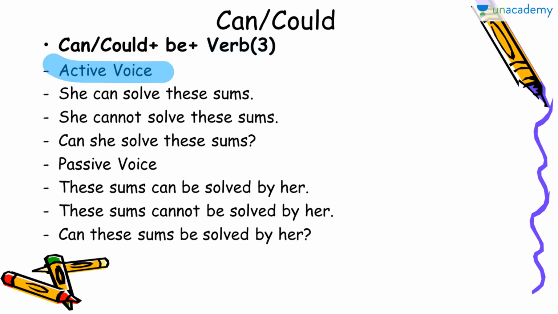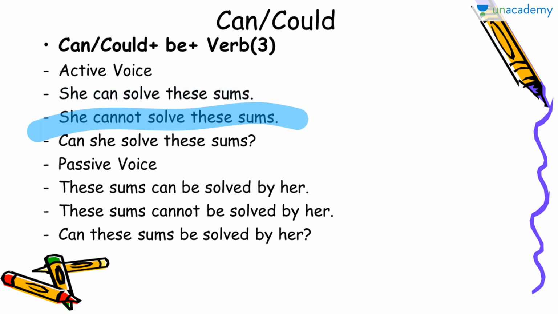Now, in active voice, sentences of course will start with the doer, the one who is doing the action, she, then can, the modal, solve is the first form of the verb, and these sums. It is the object on which the work is done. She can solve these sums. She cannot solve these sums.